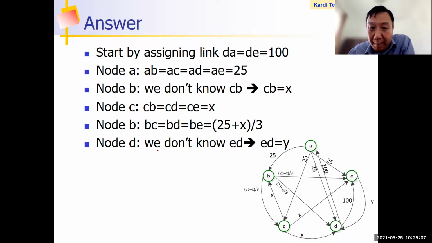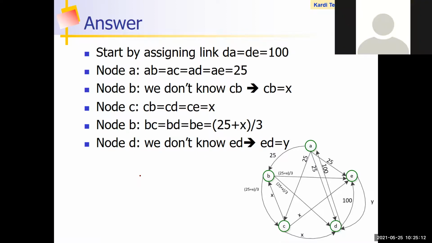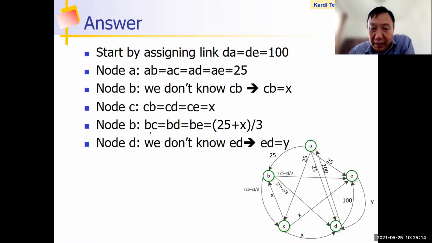Can you see it or not? Yes. Okay, and then from here you get BC equal to BD equal to BE. What is this? Can you see in node B, this is equal to 25 plus X, divided by 3 because you have equal probability distribution.